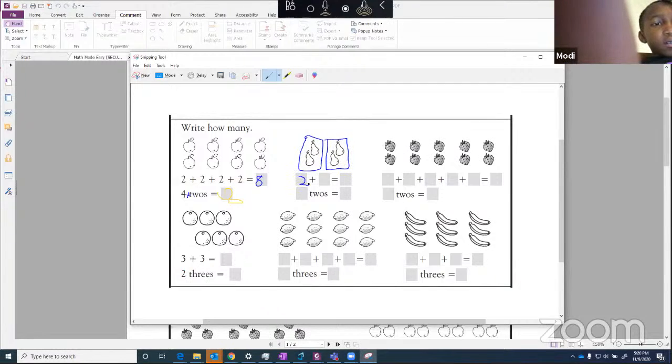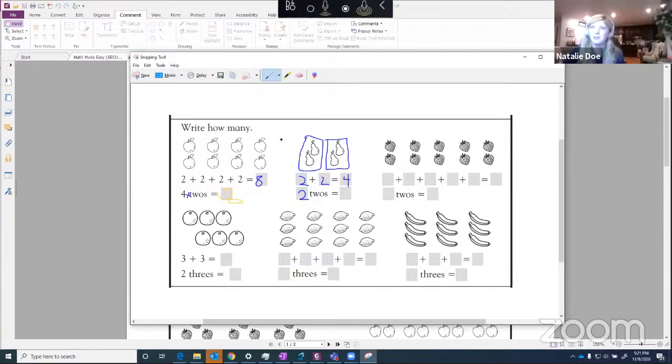They each have 2. Yeah, and 2 plus 2 equals 4, and 2 plus 2 equals 4. Perfect. So then down here, same thing. We have two groups of 2s. That one was kind of confusing because it's all 2s.